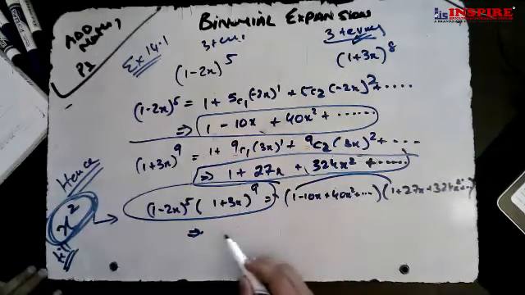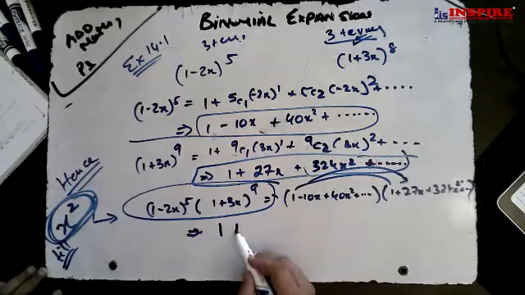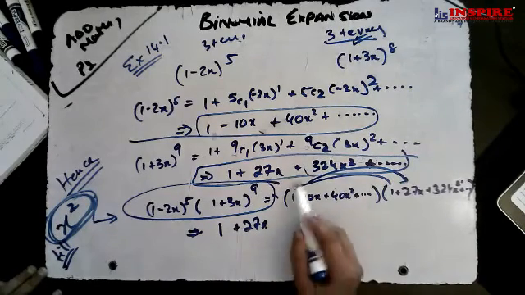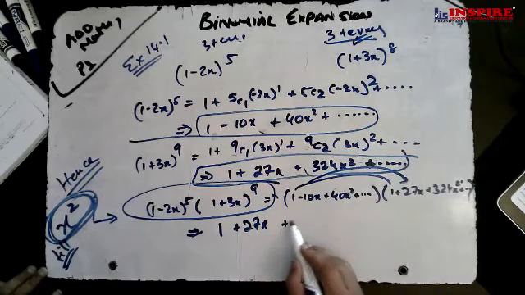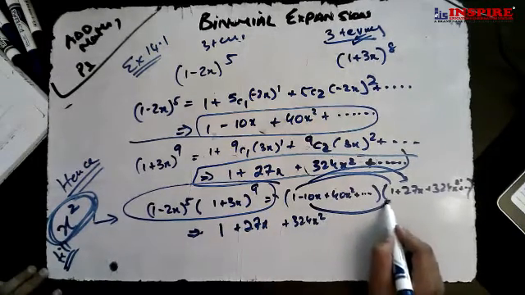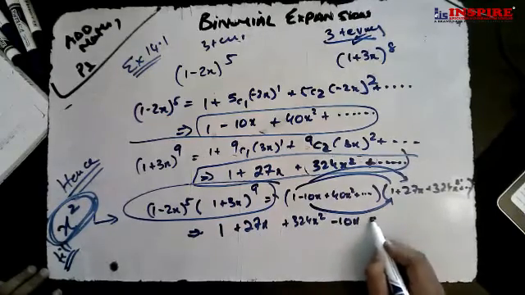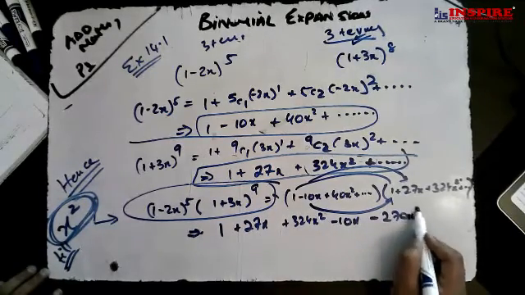So 1 into 1, 1. 1 into 27x, 27x. 1 into 324x squared, 324x squared. Then minus 10x into 1 is minus 10x. Minus 10x into 27x is minus 270x squared.